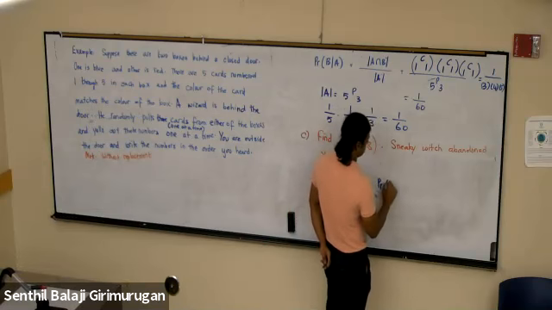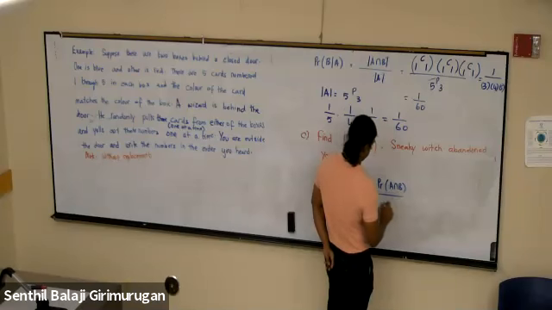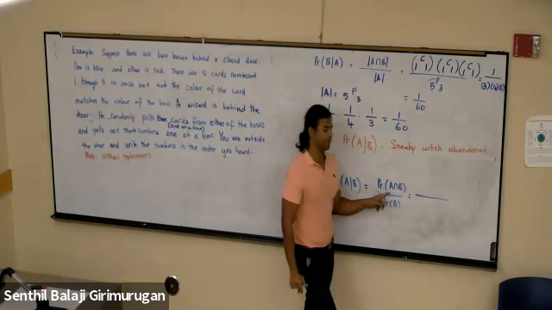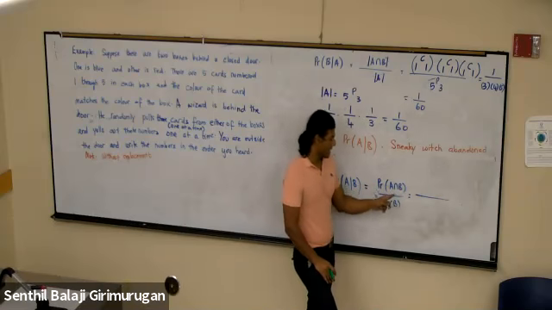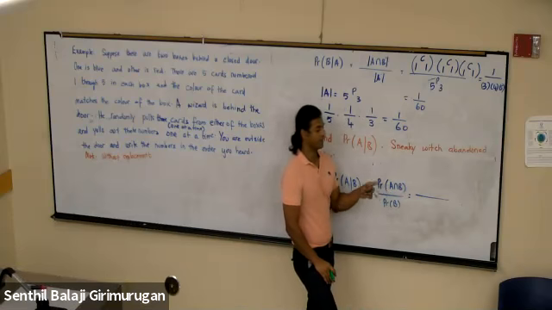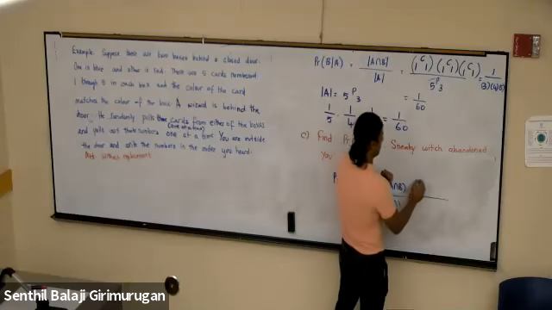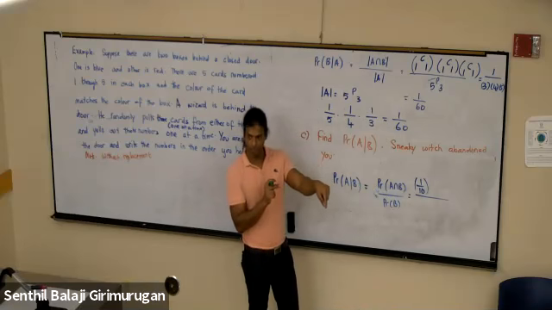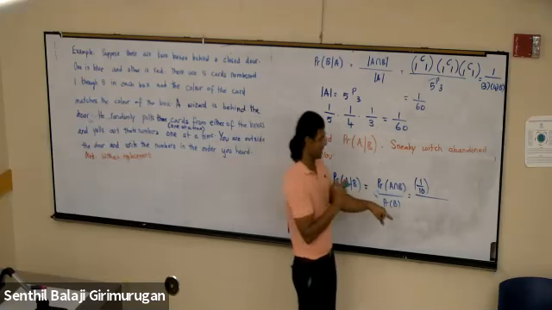This would be the probability of A and B divided by the probability of B. So we want all of them to be blue cards, and we need to get 1, 2, 3. What is the probability you pick a 1 and it is a blue card? 1/10, because you have 10 cards in total, and one of them is the blue 1. So it's 1/10.